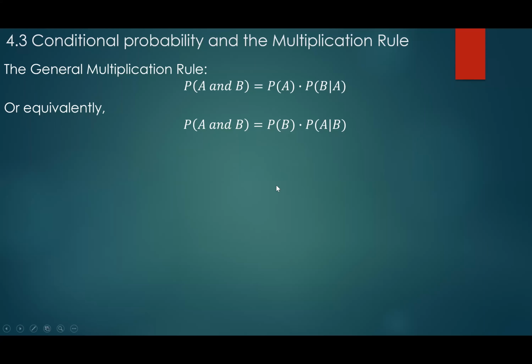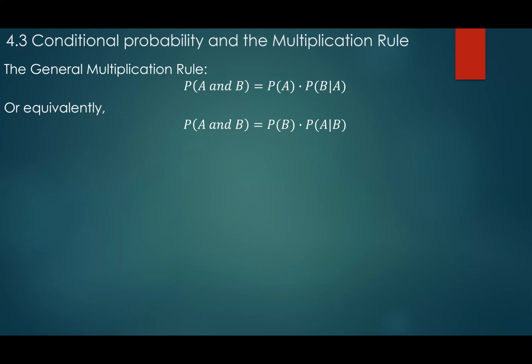Looking at this, a reminder: last time, in 4.2, when I said the word "and", we selected one item. What is the probability of this and that? Meaning, what is the probability that the one item you pick fits the description?